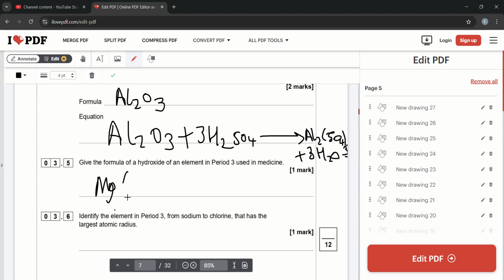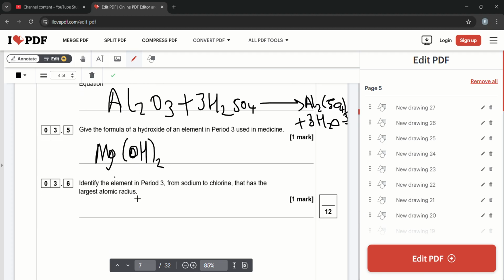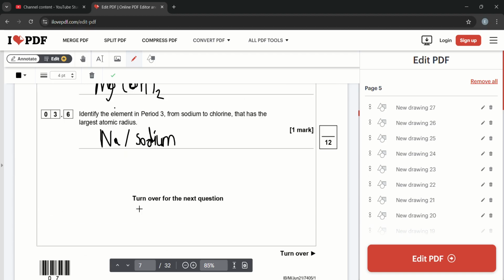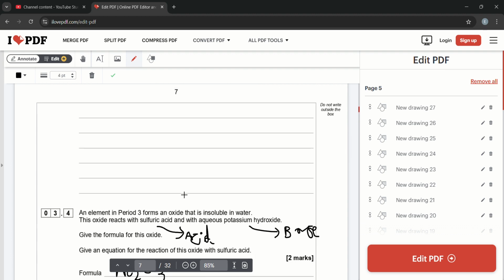So Mg(OH)2. Magnesium hydroxide is used to neutralize stomach acid as an antacid, pretty sure. Something to do with acid in your stomach. And then identify the element in period 3 from sodium to chlorine that has the largest atomic radius. This is going to be Na, sodium. And that's the end of question 3.